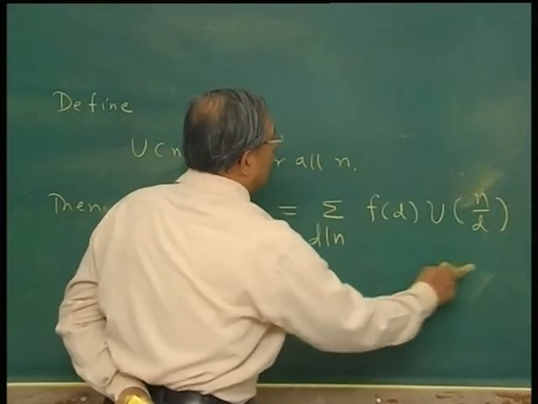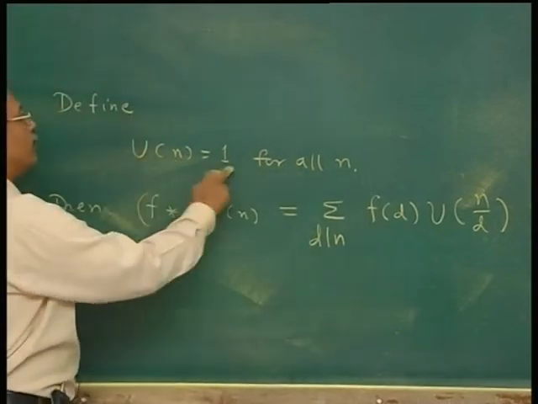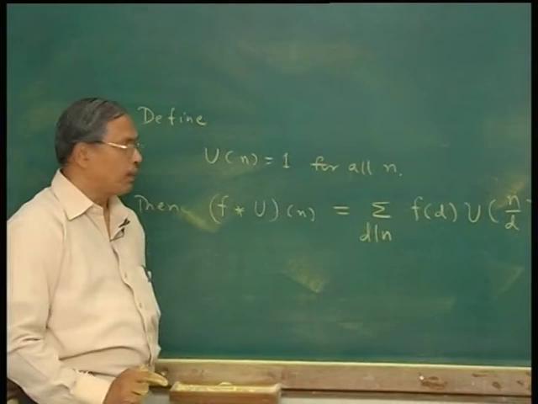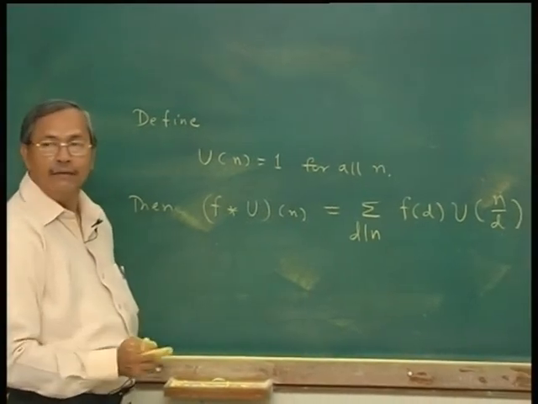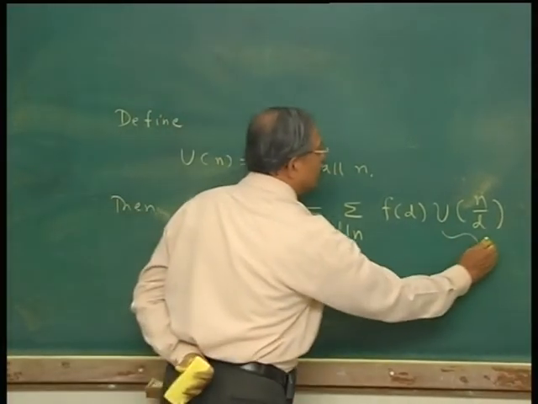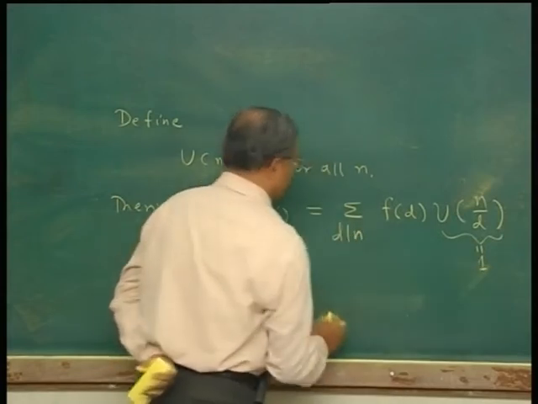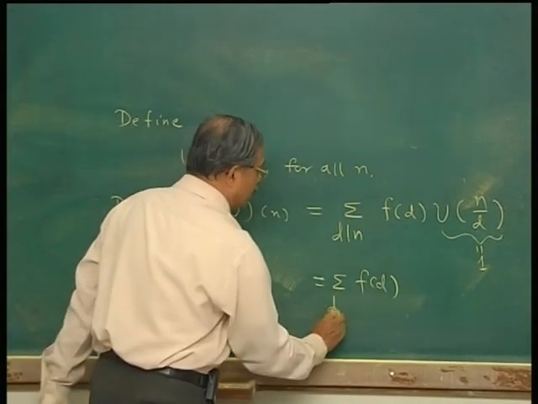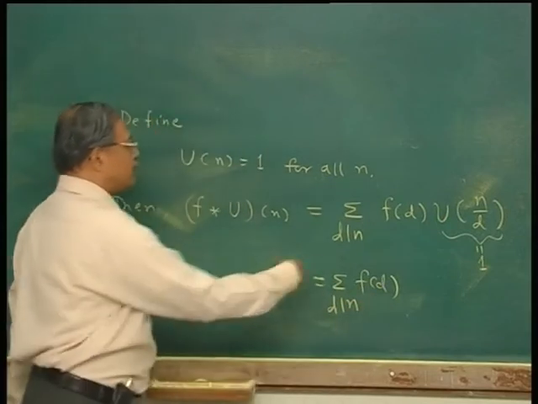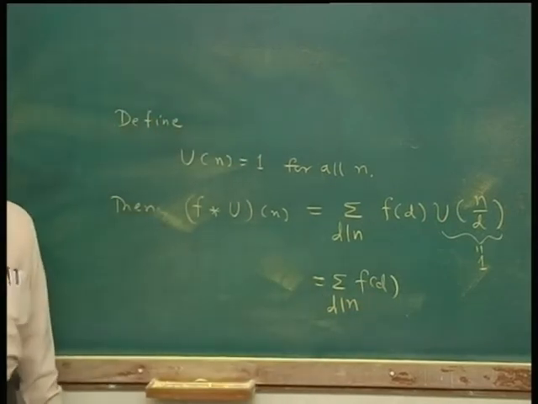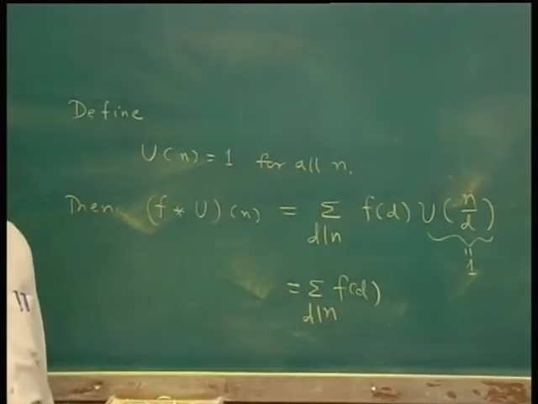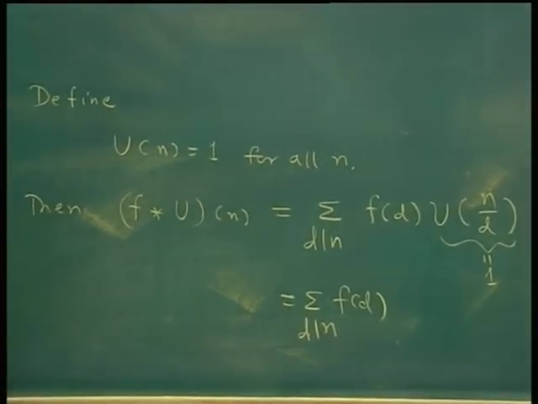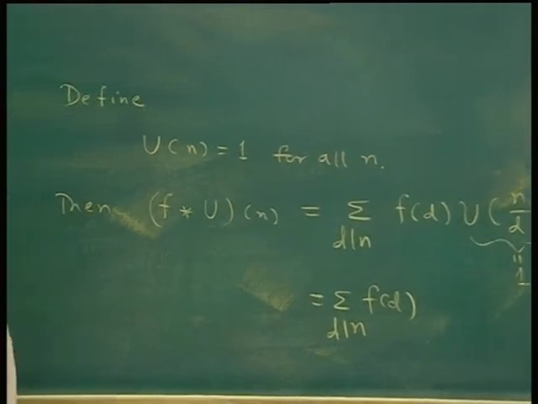U of n by d, you see the definition of u of n is equal to 1 for all n. So u of n by d is 1. And therefore, this is just summation f of d, d divides n. And you see that this was the function capital F obtained from small f. In fact, as we have seen that capital F is multiplicative when small f is multiplicative.